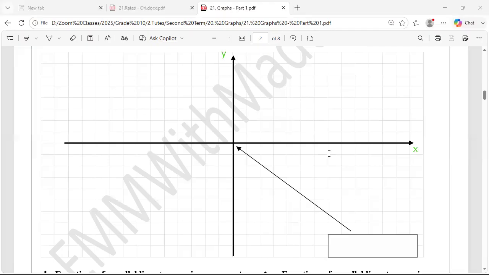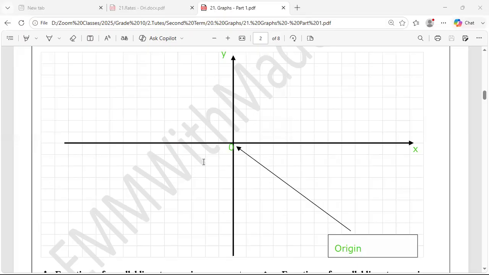Then this is called the origin. You need to make sure that you have marked 0 at this cross point. This 0 is called the origin.